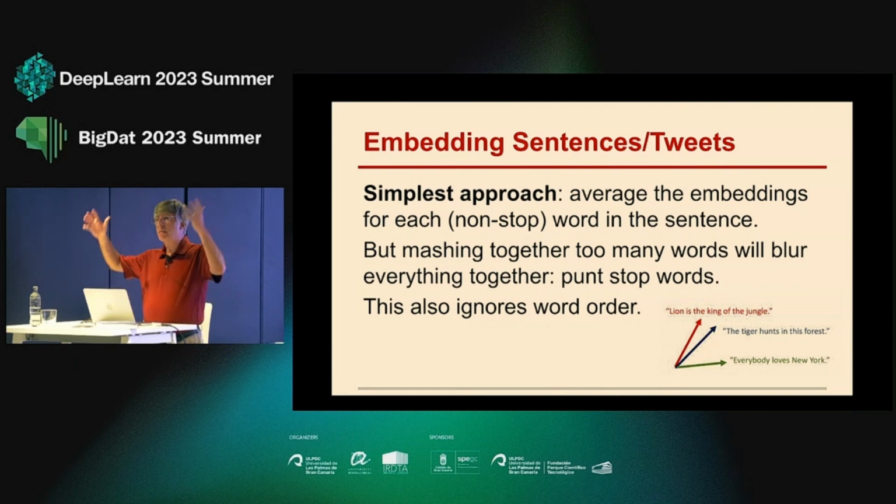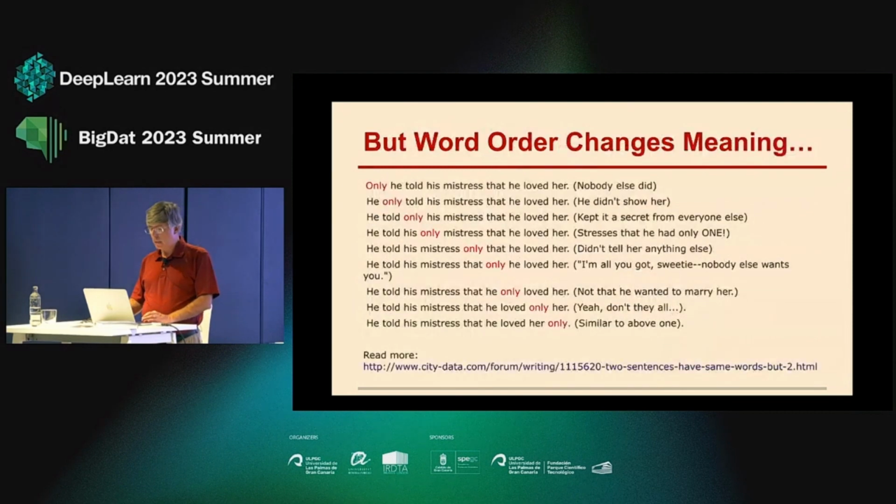Well, if I'm adding up 100,000 words and averaging them, what I'm probably just going to get is noise at that point. Everything's going to be near 0. But for short enough texts, this can give you some idea of what words mean, what sentences mean.